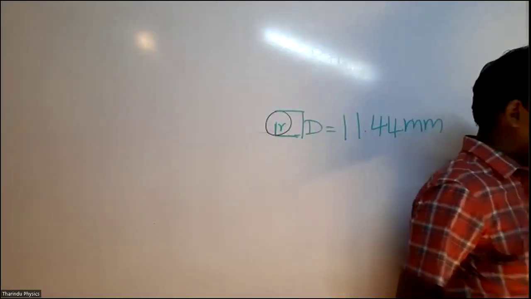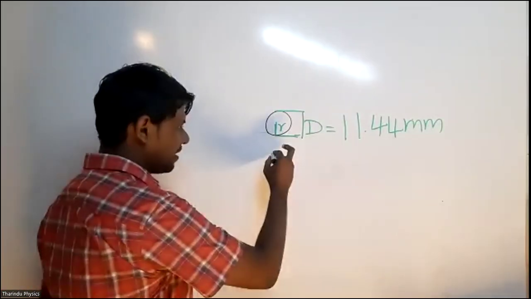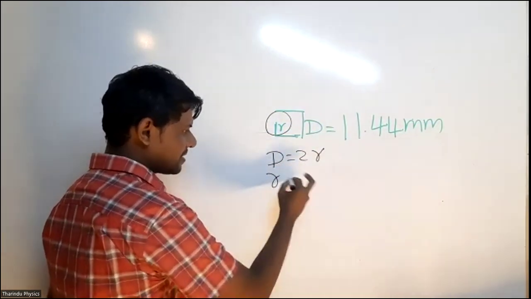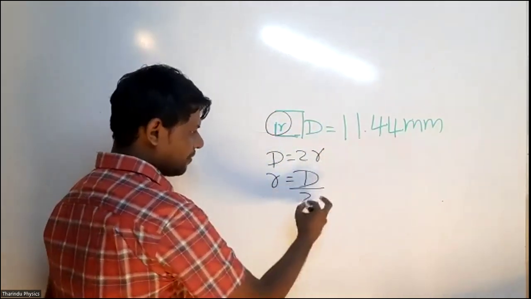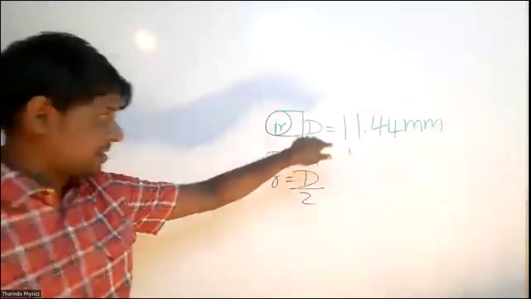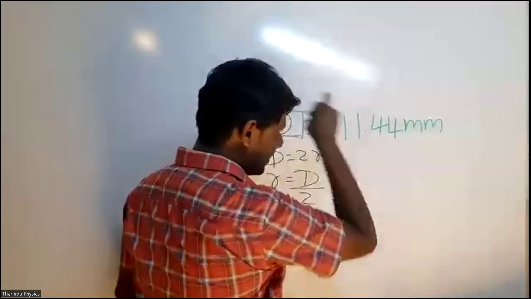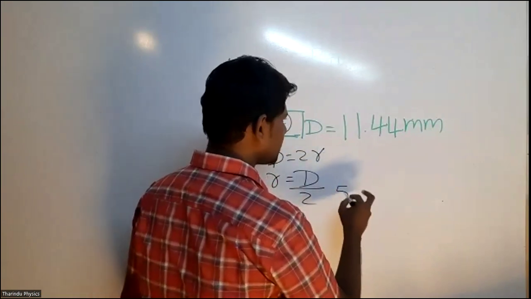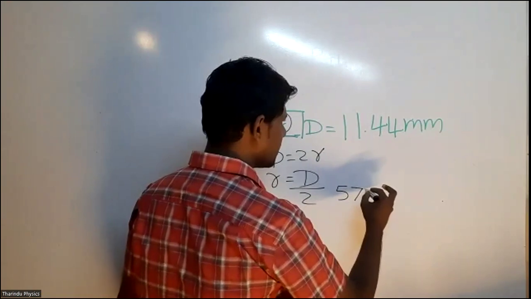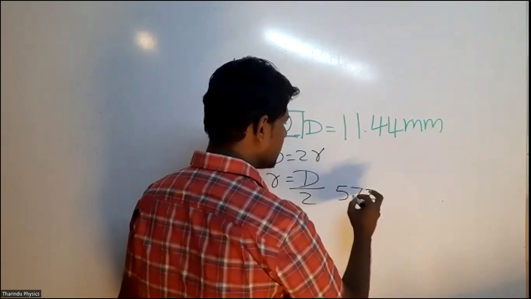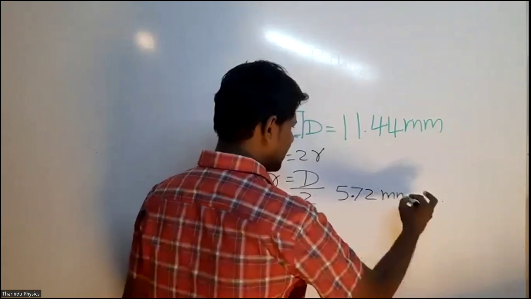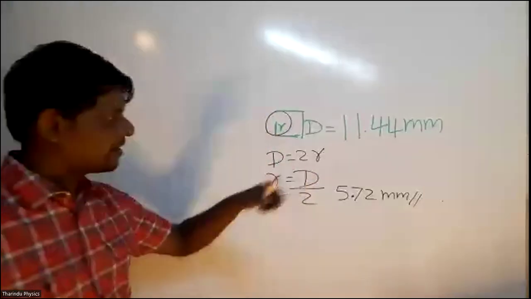I can simply divide it by 2, because the diameter is twice the radius. So the radius is diameter over 2. So I can simply get the answer. It is nearly 5.72 millimeters. So you can find it.